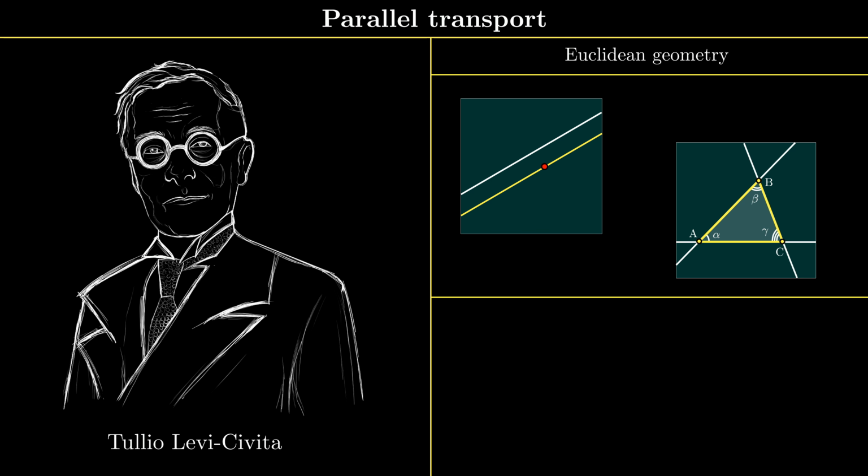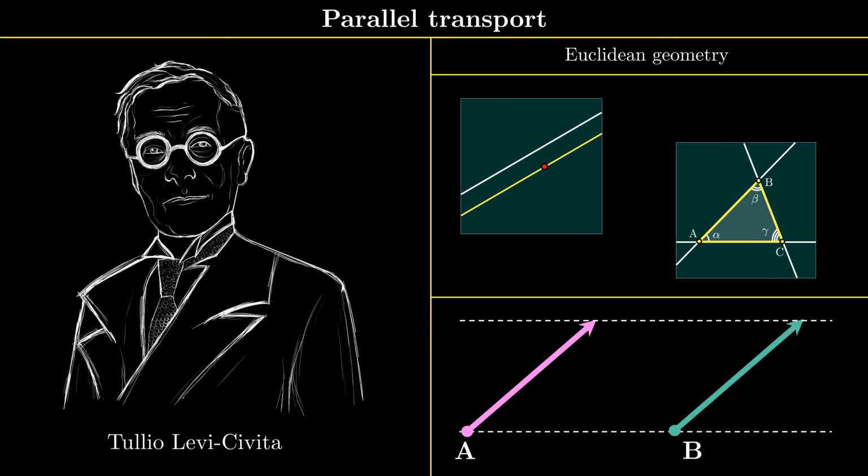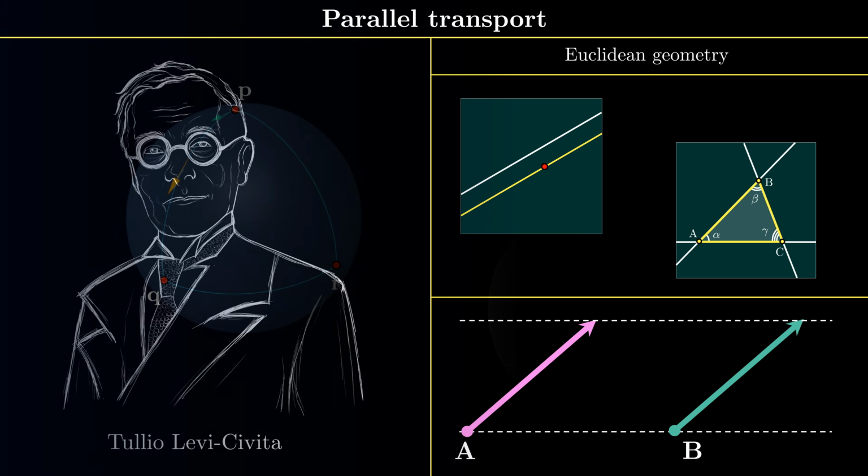The independence of the parallel transport result from the path occurs only in a flat space. In other words, if a space has no curvature, then the final vector depends only on the starting and ending points, and not on which specific path we moved between them.